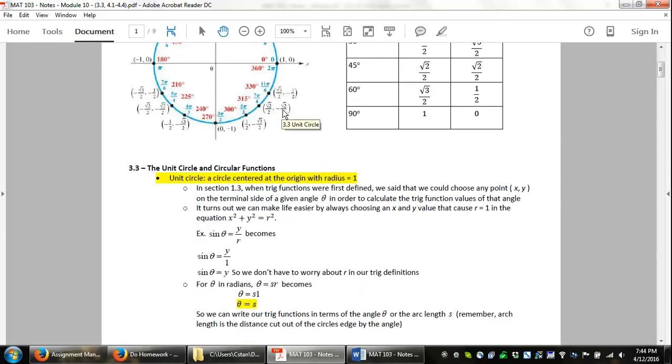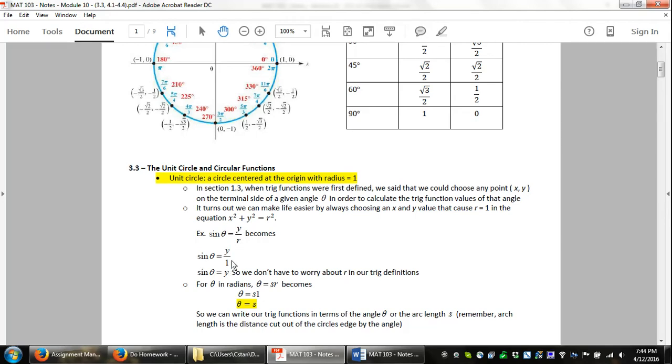So if we look down here, you can see what I'm talking about. For example, sine of any of our angles is defined as y over r, where y is the y coordinate of the point on our terminal side, and r is the distance from the origin. So we've drawn this circle. As long as I pick a point on this circle, my distance r is 1.